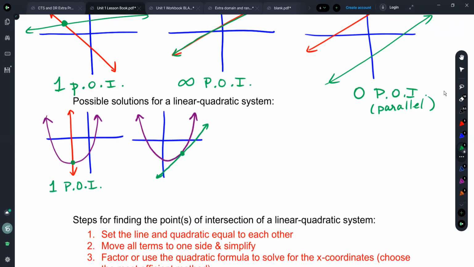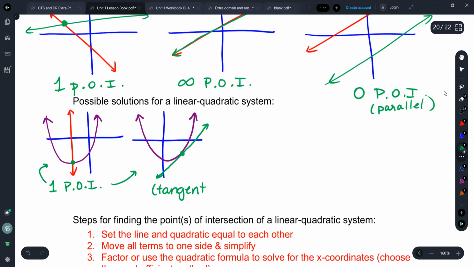So we call this a tangent line. So this is also another scenario where we could have one point of intersection. And this one's called a tangent line. I'm just saying that so that you have a visual of this, because we're going to talk about tangent lines at the end of this lesson. Okay, so we can have one point of intersection.